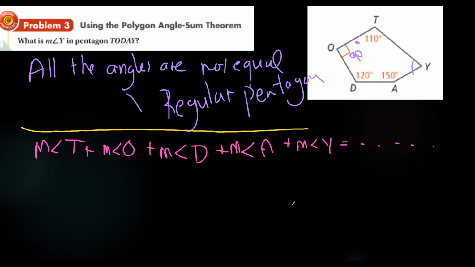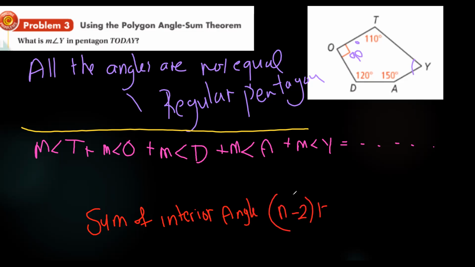How did you find the summation of the measures of the interior angles? N minus 2 multiplied by 180. Bravo. It is n minus 2 times 180. This formula helped me to find the measure of the angles. So if it is a pentagon, how many sides do we have? 5. 1, 2, 3, 4, and 5.